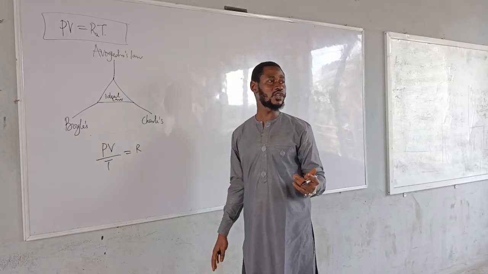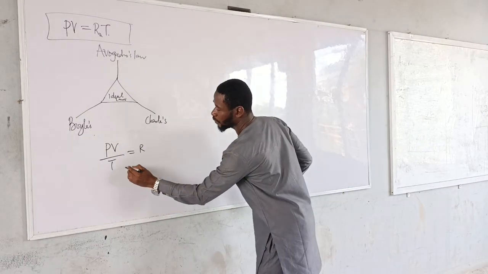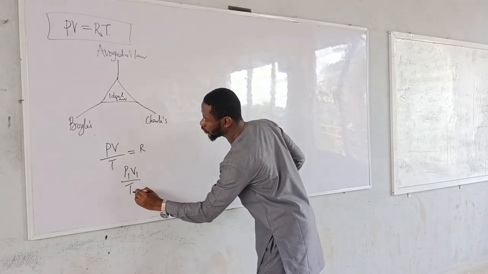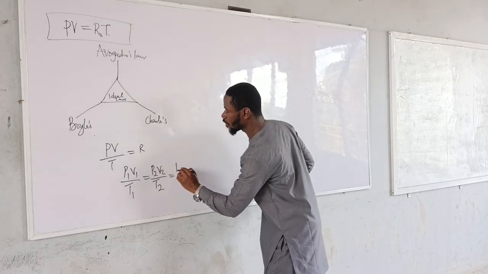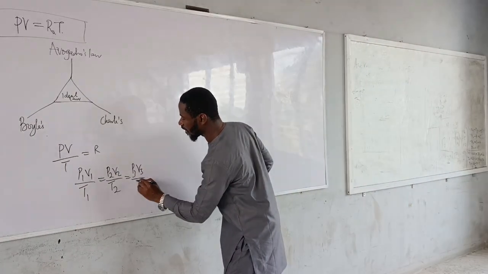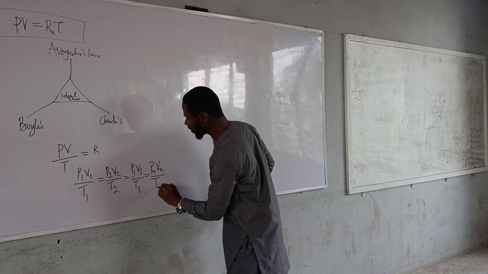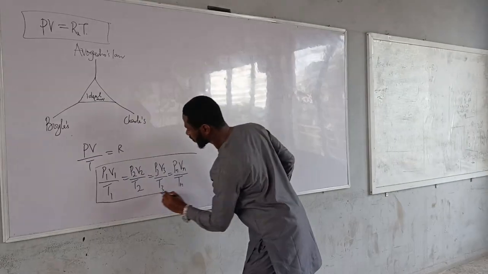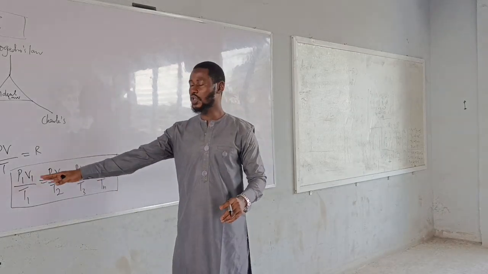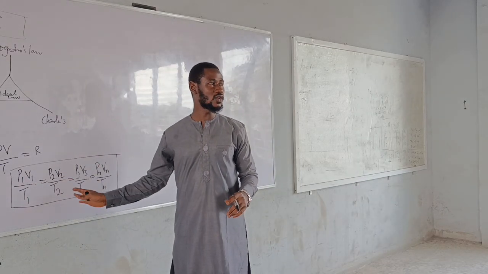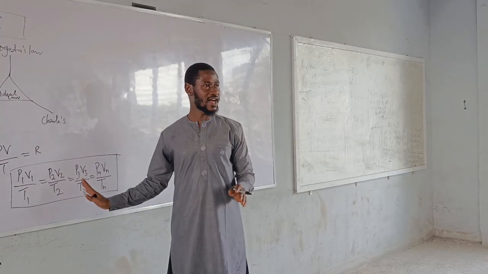We can generalize the equation as P1V1 over T1 equals P2V2 over T2 equals P3V3 over T3 equals PnVn over Tn, depending on the states you are heading to. If you are considering two states, you stop at 2: P1V1 over T1 equals P2V2 over T2. This one is meant for the general gas law.